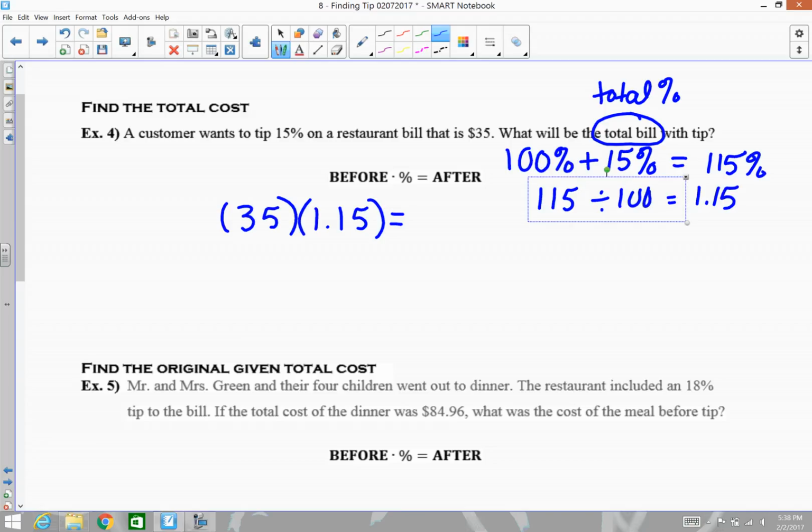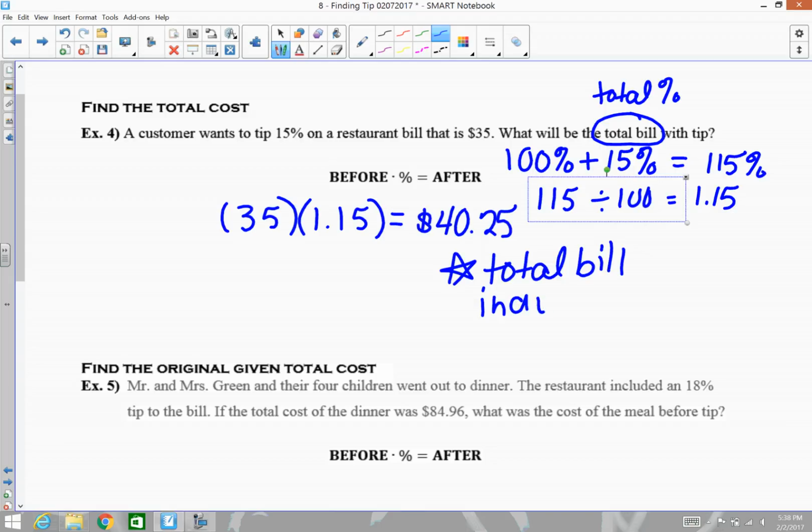When you multiply those, you get $40.25. Now that amount is your total bill. It includes tip. So this was the bill without tip. This is the bill with tip. Next example.